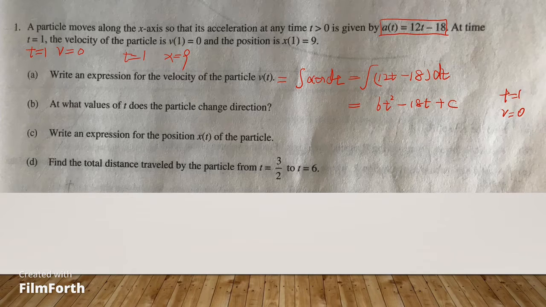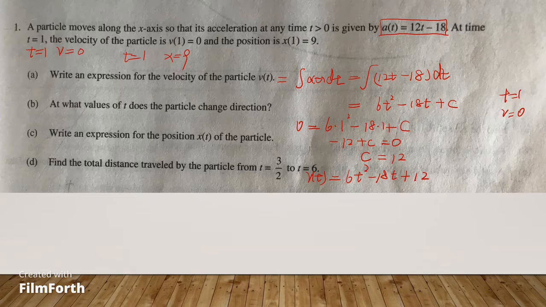So 0 equals 6 times 1 squared minus 18 times 1 plus constant. So negative 12 plus c equals 0. So c equals 12. So our final function of velocity is v of t equals 6t squared minus 18t plus 12.